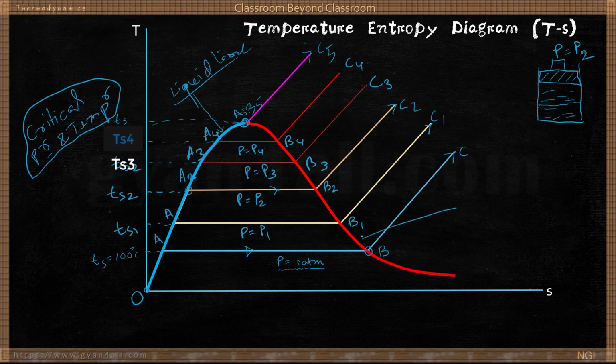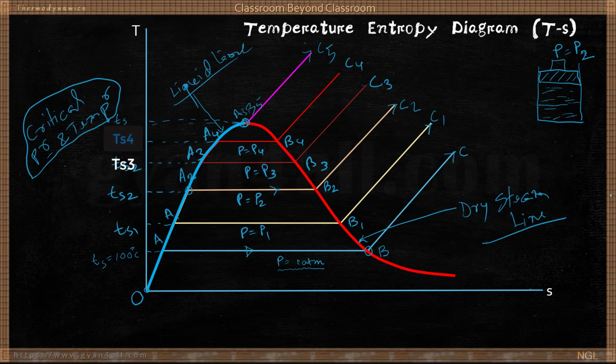So this line is the dry steam line, and the dry steam line is also called the saturated steam line. And the liquid line is also called the saturated liquid line. So there are two lines: one is the saturated liquid line and another is the saturated steam line.